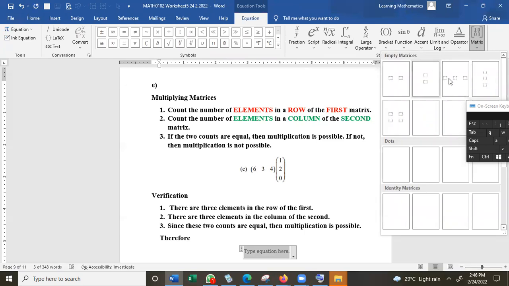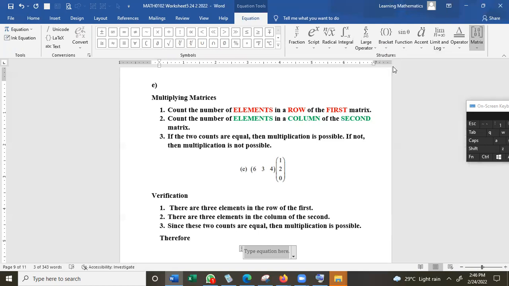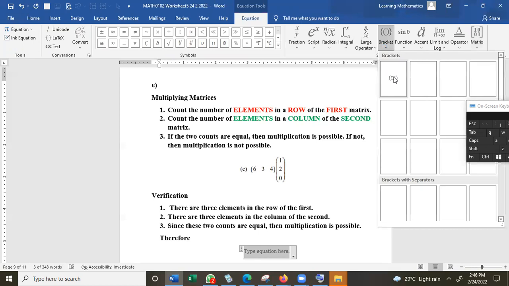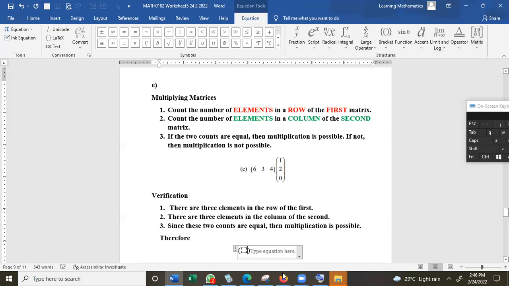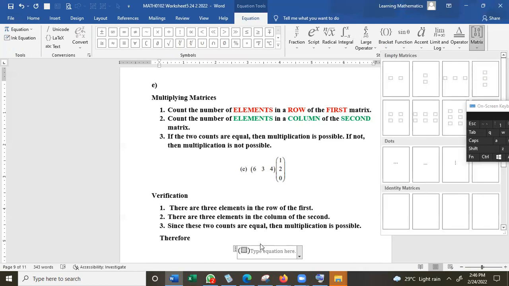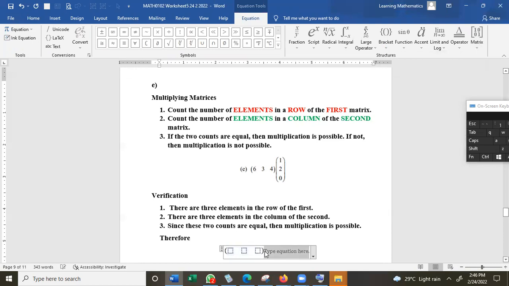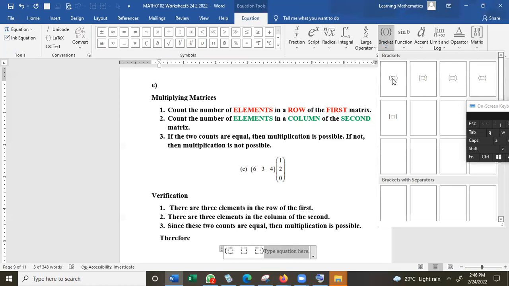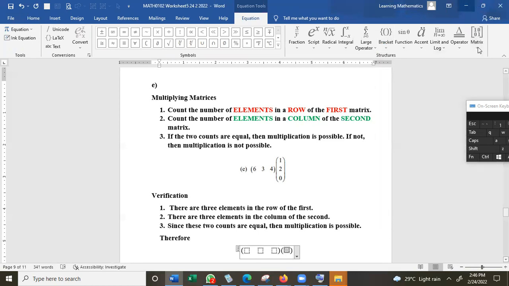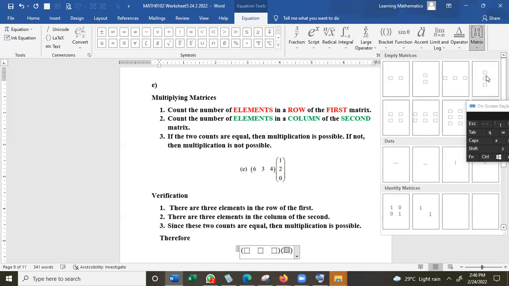Always good to put your bracket first, and inside the bracket we put a row matrix, times another bracket, and in that bracket we put a column matrix.